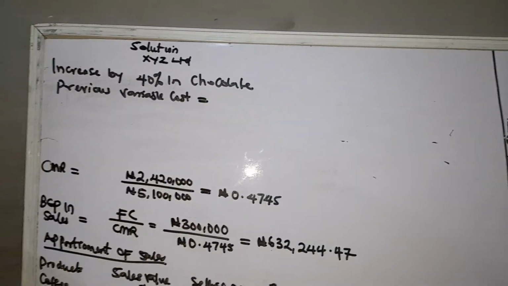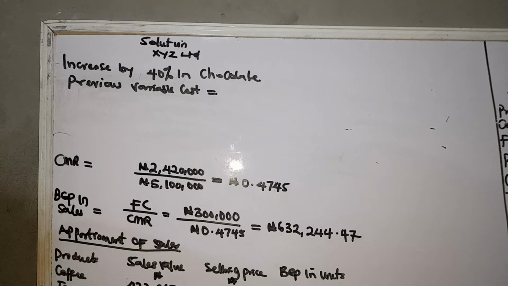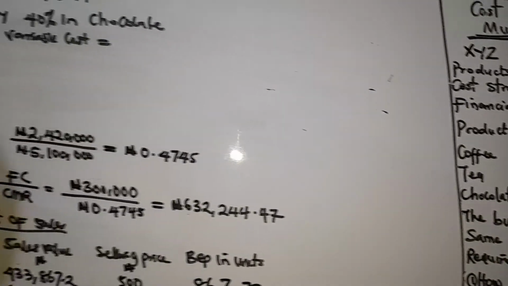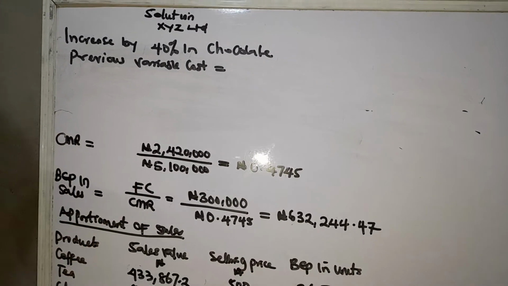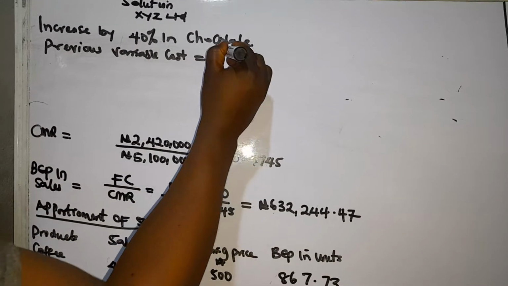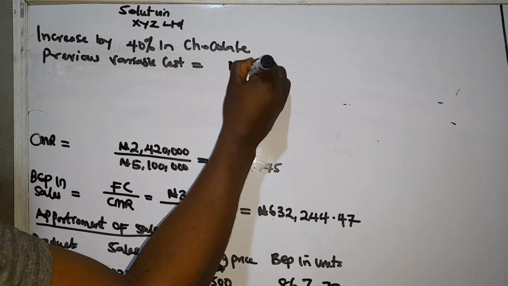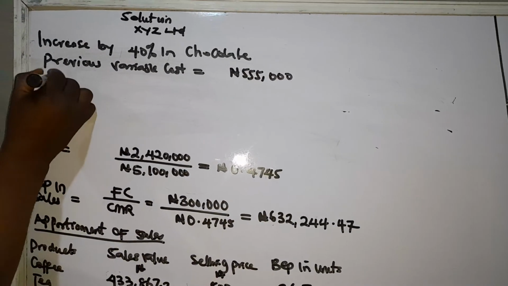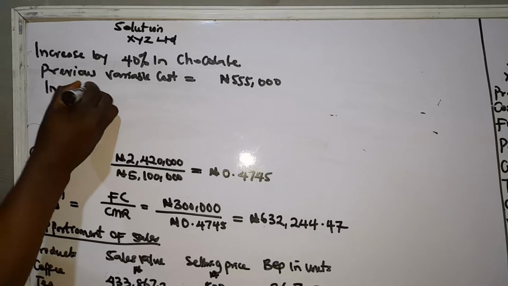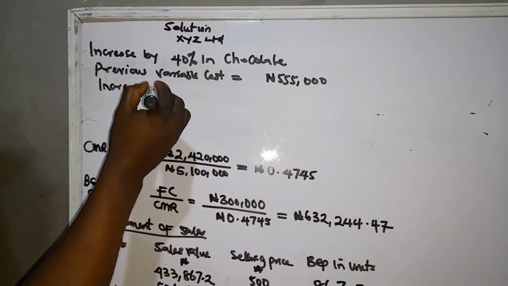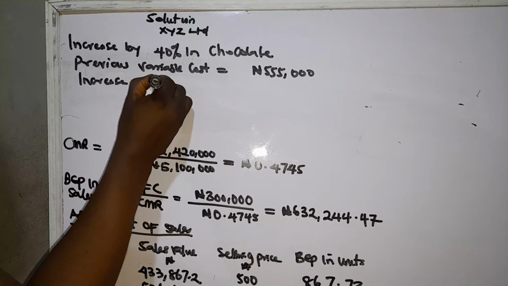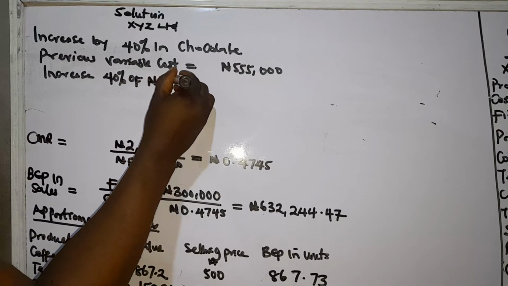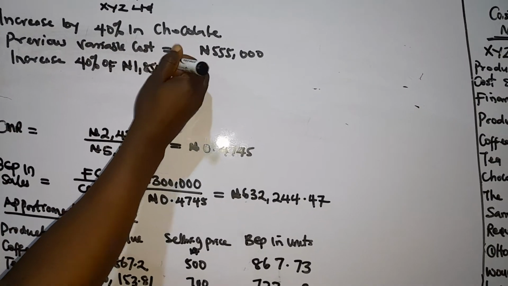What is the previous variable cost of chocolate? Let's run through the question. The previous variable cost of chocolate is 555,000. Do you get it now? Then the increase is 40% of 1,850,000.